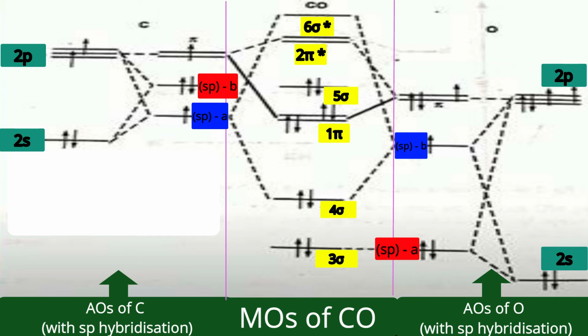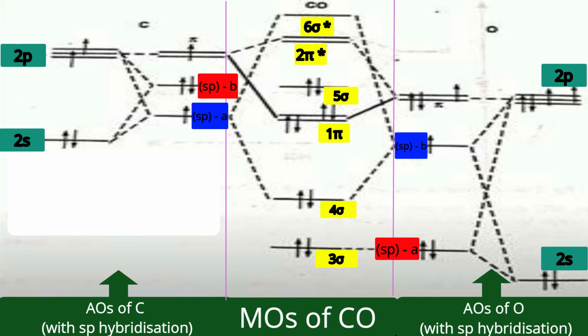Come to the 5 sigma orbital, it is from carbon. So carbon is controlling that 5 sigma orbital. So here, for the first time, we are getting more contribution of carbon. Come to the anti-bonding orbital 2 pi star. Here more contribution will be there of carbon. And again 6 sigma star, more contribution will be there.